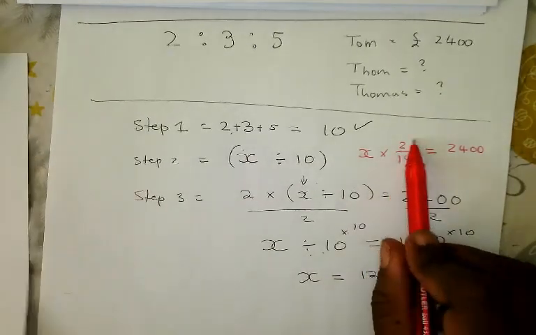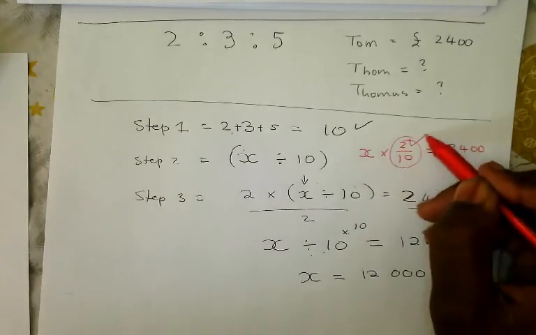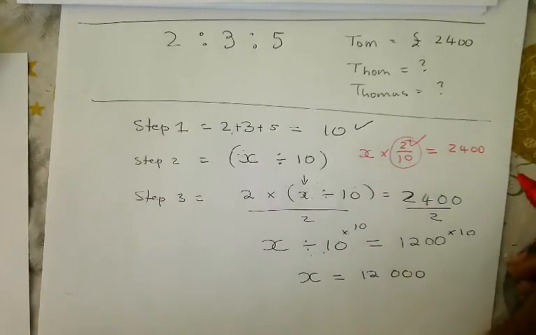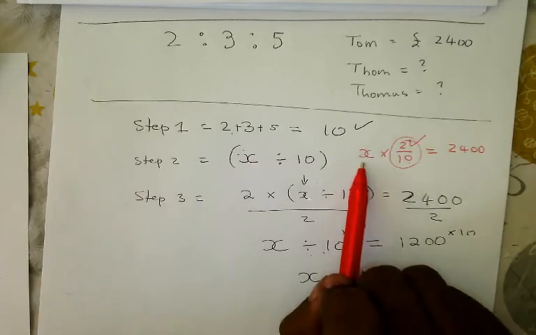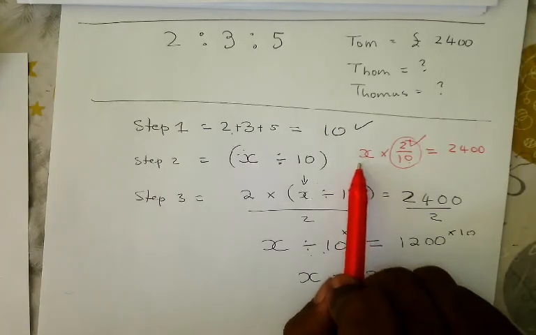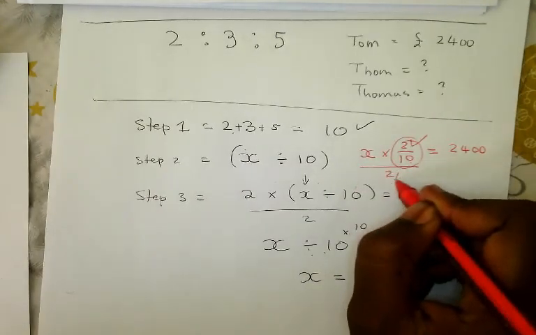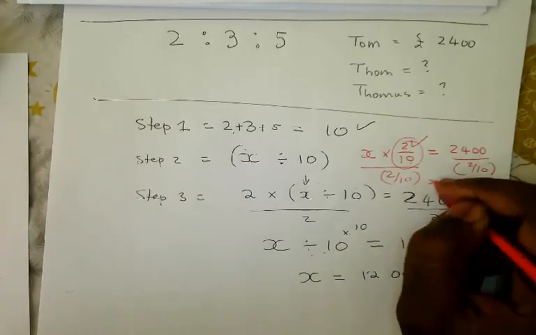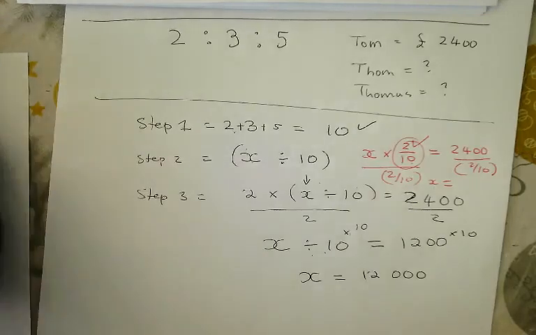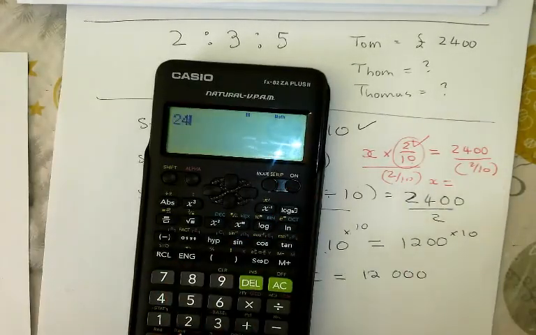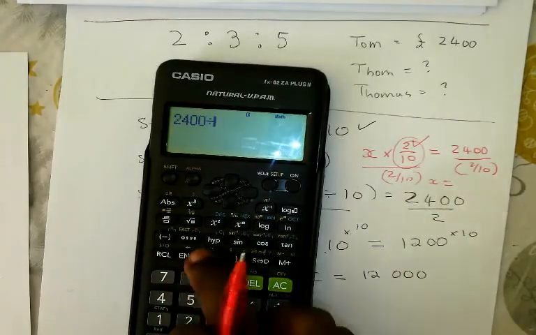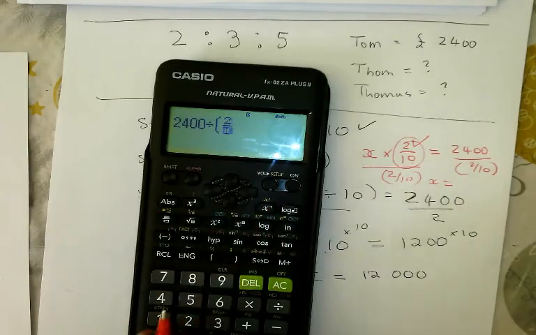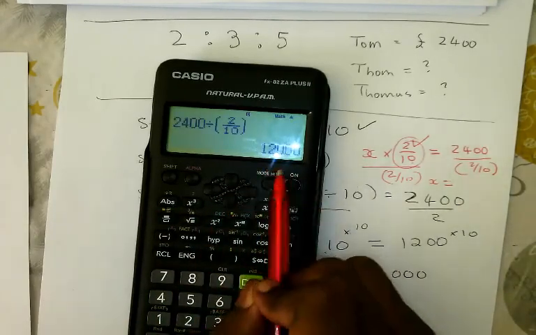If you want x alone, you divide both sides by 2 over 10. Then we're looking for the value of x: 2,400 divided by the fraction 2 over 10. And it will give you 12,000. So whichever way you do it, it should give you the value of the estate.